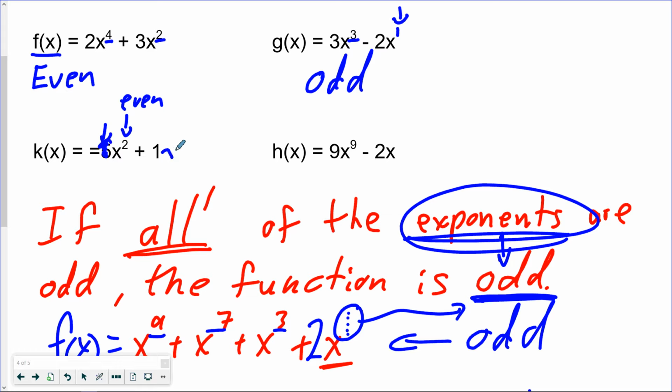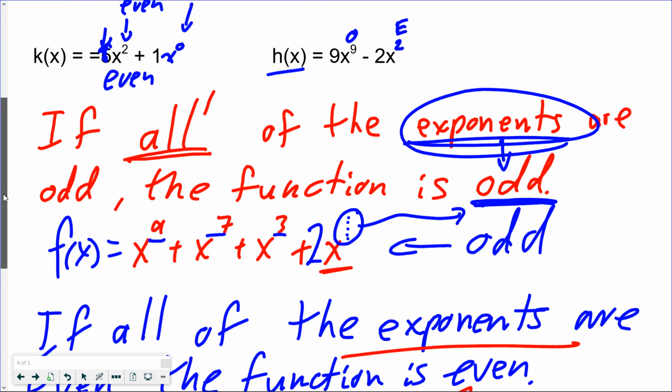Now you're going to say, Mr. Barton, what if there's a mix? So if we look at h of x, let's pretend there's a 2 here. I have 9x to the 9th minus 2x squared. So this is odd. This is even. I have a mix of them. So is it even? Well, no, it's not even, because all of the exponents have to be even. Is it odd?